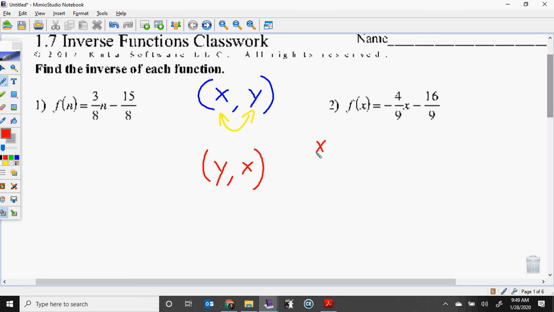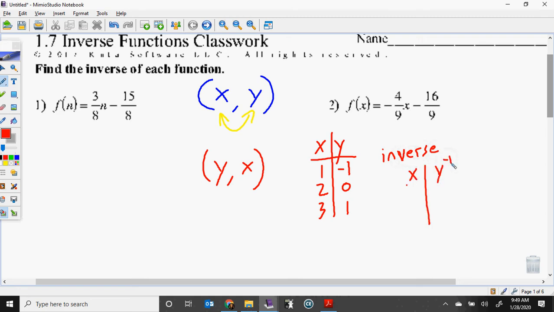So that means that if I had x and y over here, and I had 1, 2, 3, negative 1, 0, 1, then my inverse would be x. We'll put a little y, negative 1 to show this is an inverse, and I would switch my x and y.